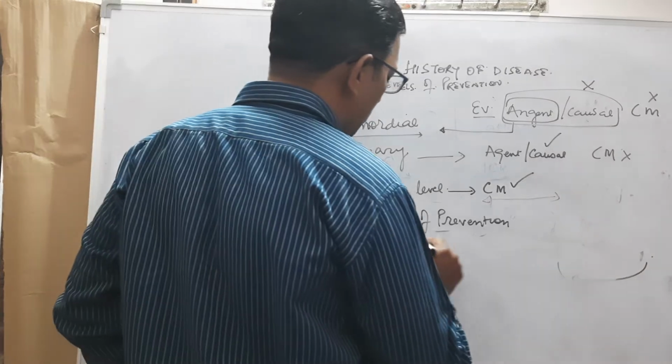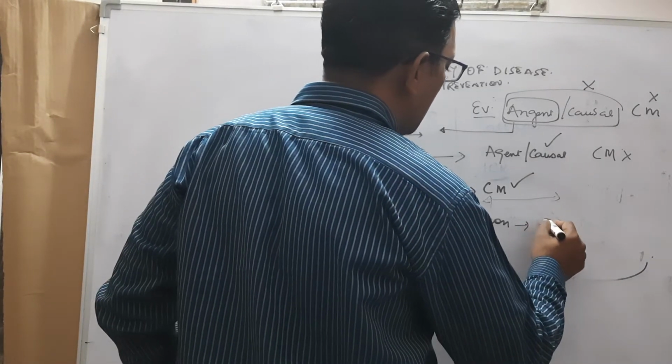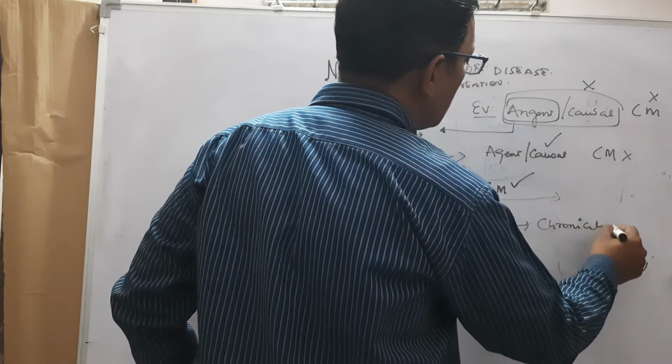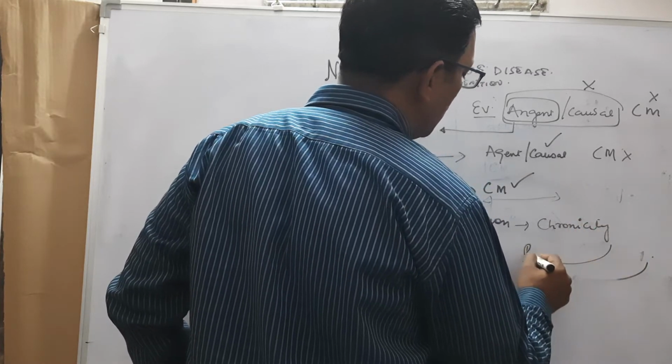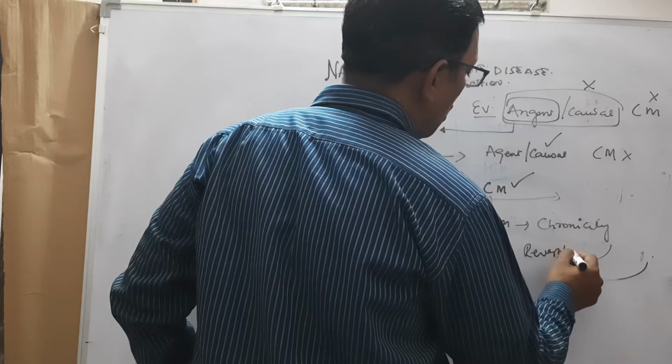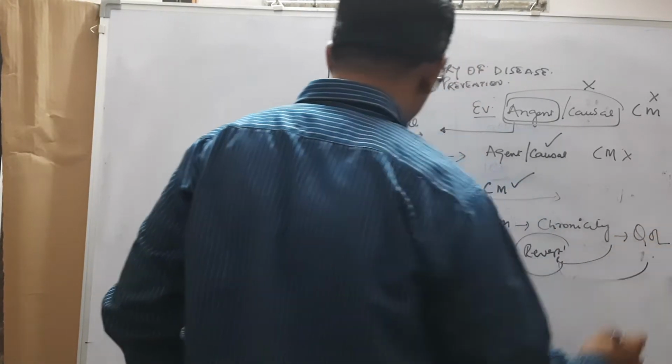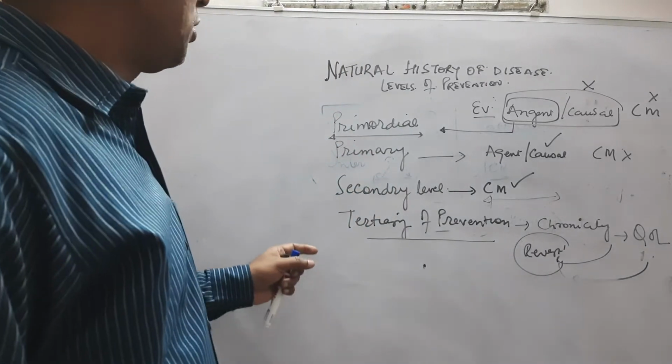Tertiary is when it has crossed even the clinical manifestation and has ended in chronicity, and chronicity is such that you cannot revert back to the original position. So there you talk about the quality of life. So there you talk about the tertiary level of prevention.